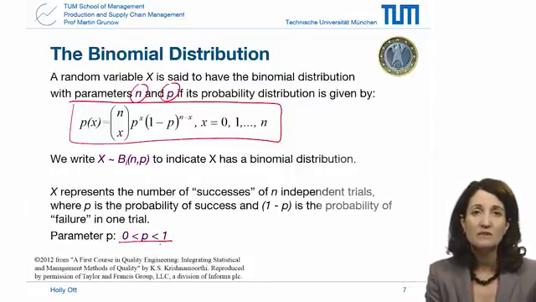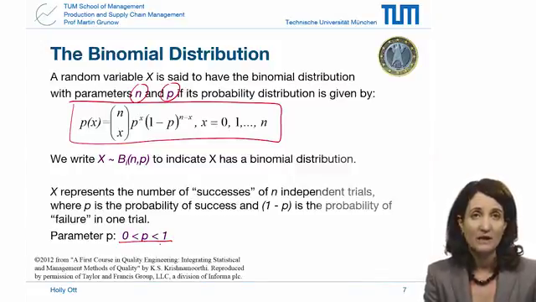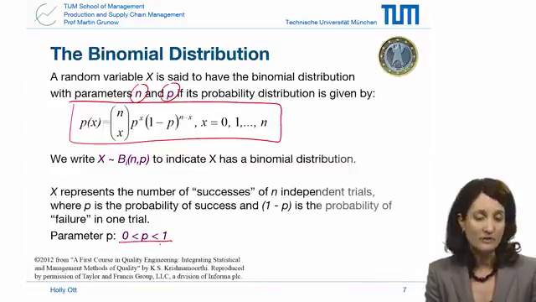This means our random variable x can take the values of 0, 1, 2, up until n, because when the trial is repeated n times, you can have from 0 to n successes.